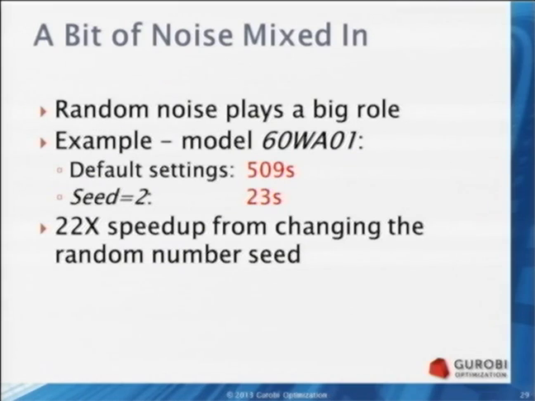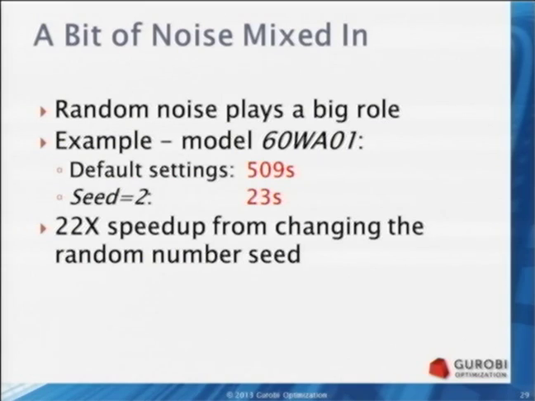In the nature of mixed integer programming, there are a variety of decisions that have to be made in order to solve the problem. You have to decide which variable to branch on, which cuts to generate, which heuristics to apply. Oftentimes the criteria used to make these decisions, if you're considering multiple candidates, result in a tie. So you break these ties arbitrarily.